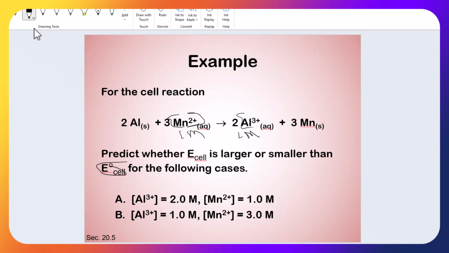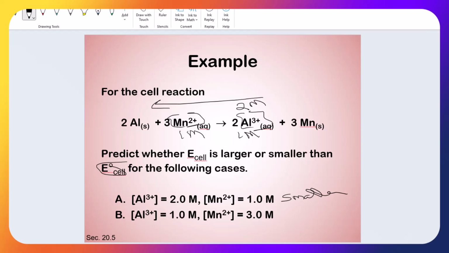If we change these concentrations and we raise the aluminum 3 plus concentration to 2 molar, keeping the manganese at 1 molar, that is going to shift the reaction in the reverse direction, and that will lower the E of the cell. So this will be a smaller cell potential, because the reaction is shifted back toward the reactant side.